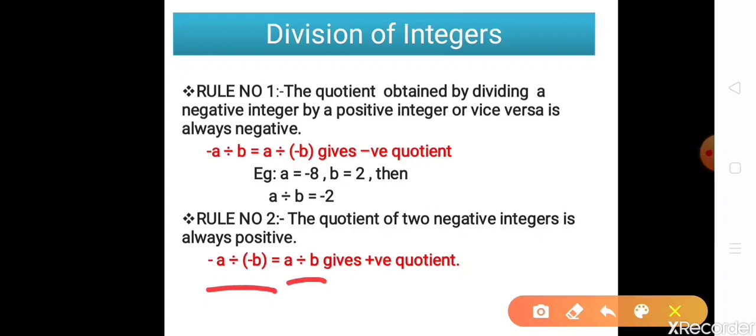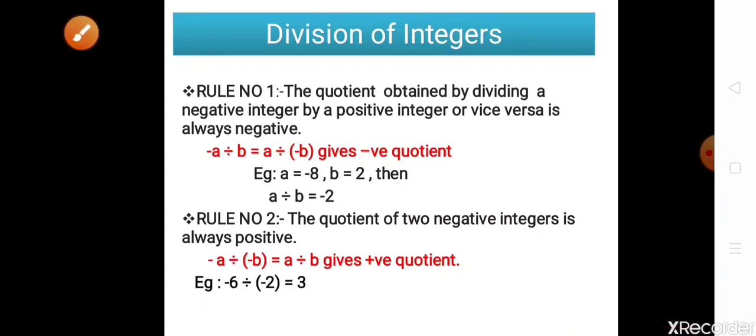Okay, so an example of this is minus 6 divided by minus 2 will give you 3. Now alternatively, we can also state this rule as: when we divide a negative integer by a negative integer, we first divide them as whole numbers and then we put a positive sign. So again, these two rules are very simple, so I hope you all have understood this.